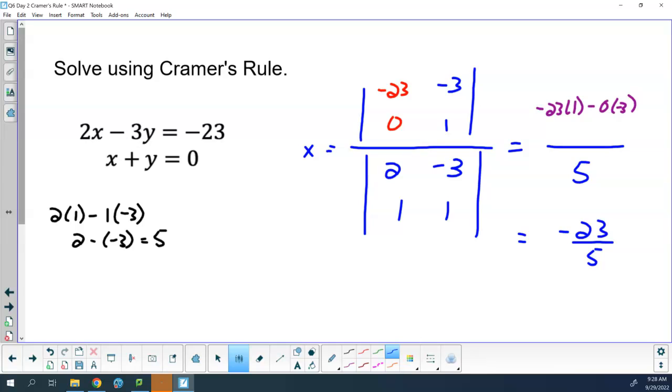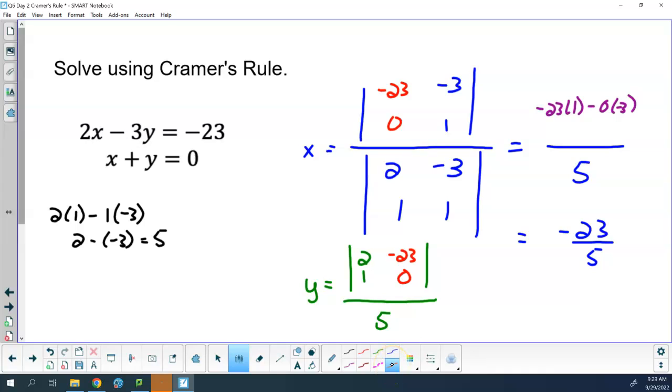Now, easiest check is y has got to be positive 23. Let's check that. Y here is going to be, now I'm going to replace these two. I know that my denominator is going to be 5.